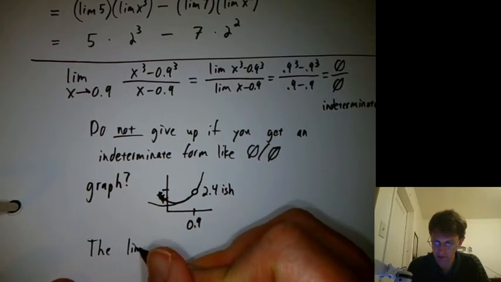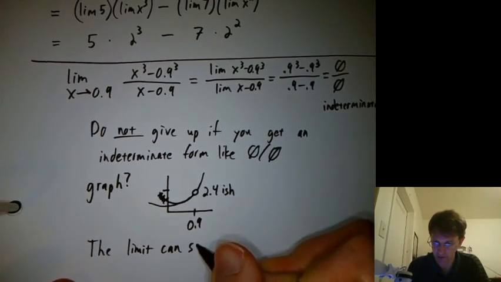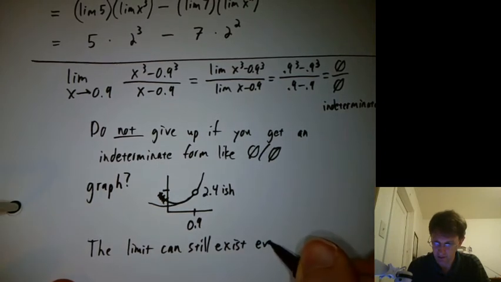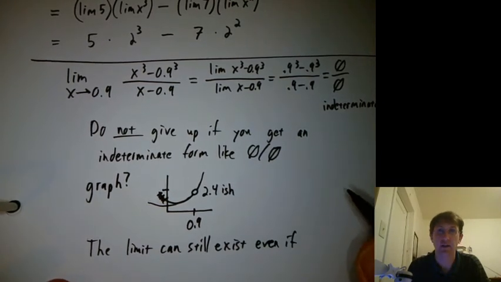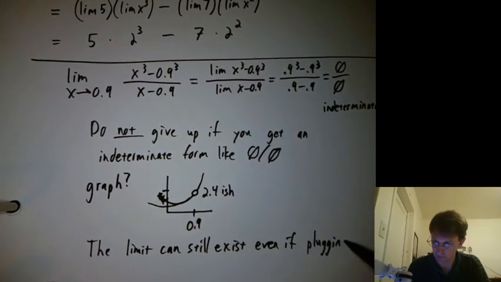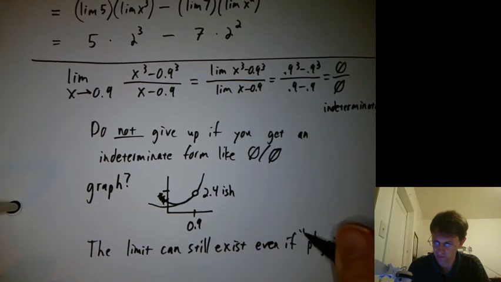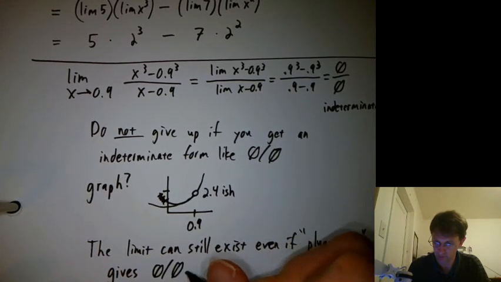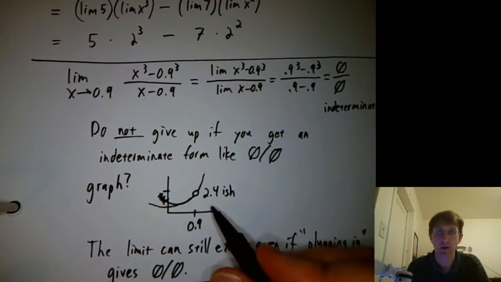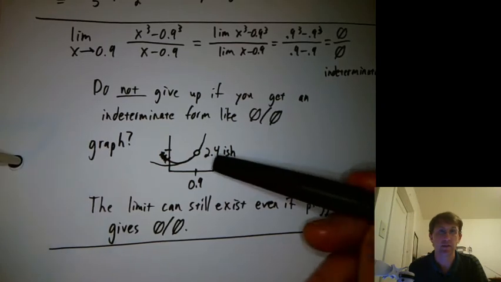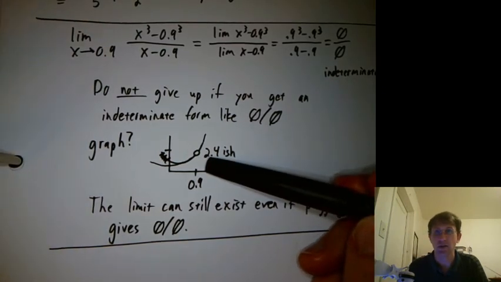So the limit can still exist even if plugging in gives 0 over 0. So there we're just eyeballing and saying the limit seems like it exists and seems like it's about 2.4-ish. So let's see if we can do some algebra to get a better answer.